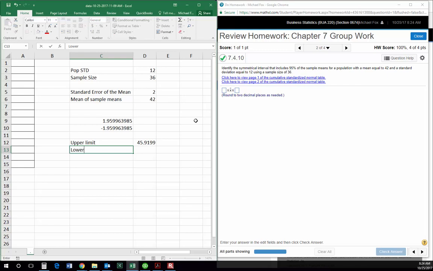Our lower limit is going to equal the lower limit z times the standard error of the mean plus the mean of the sample means.